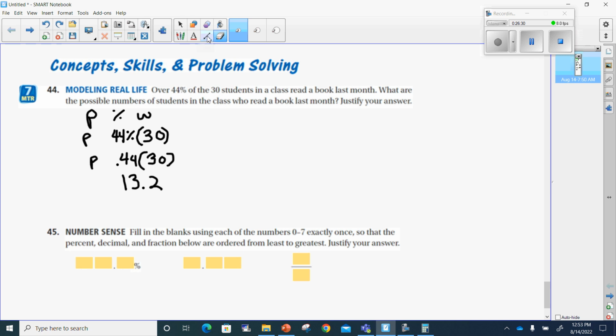The part has to be bigger than this amount because it was over 44. Now, there's no such thing as 0.2 of a person. That means at the minimum, it has to be 14 students or more.